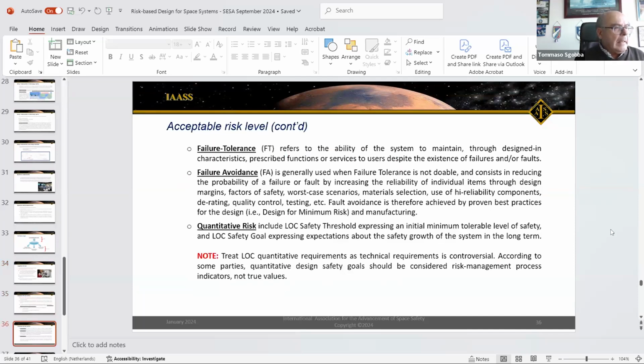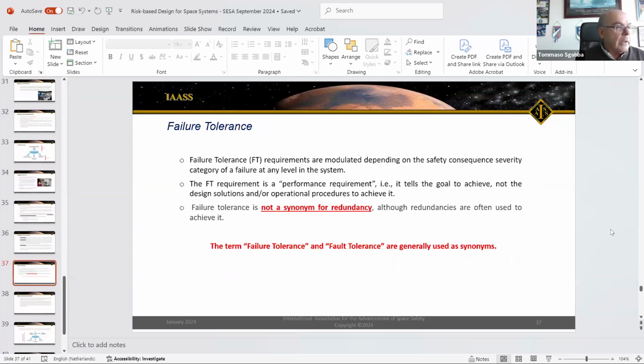So basically, these acceptable risk levels are of three kinds: failure tolerance, failure avoidance, and quantitative risk. So these are given, and these are basically what helps the designer get assured that he has achieved the required level of safety.